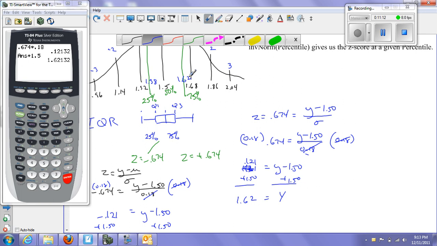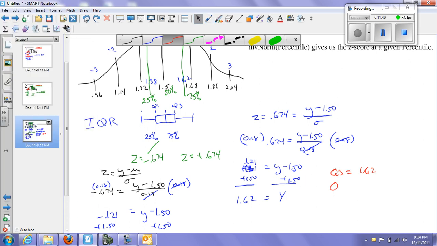A lot of writing on this right now. But what I do know is that my Q3 value is 1.62, and my Q1 value is 1.38.